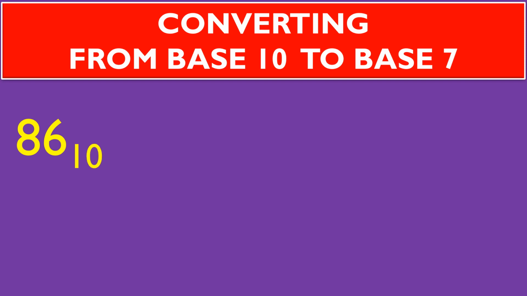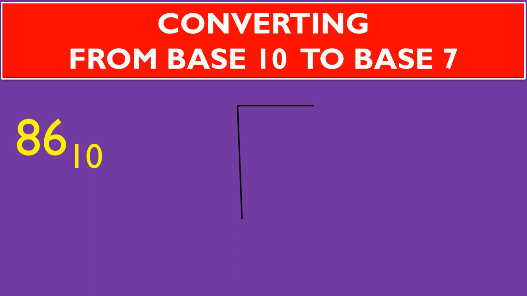This time around, we will be converting from base 10 to base 7. We are converting 86 in base 10 to base 7. Remember, we said that when you're converting from base 10 to another base, you divide your number by the base number.